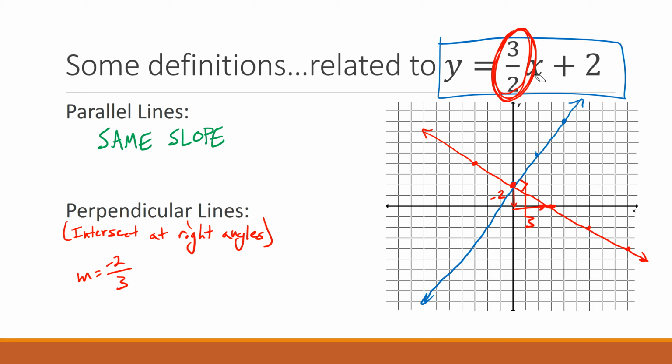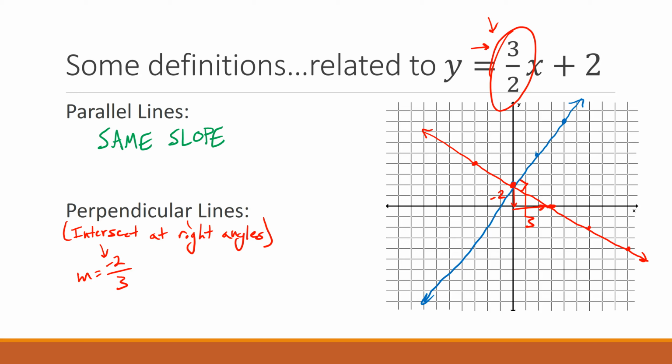How does the slope of negative 2 over 3 compare to the original slope of 3 over 2? Hopefully you notice that one is negative and one is positive, and hopefully you also notice that they are reciprocals of each other. This one is 2 over 3, this one is 3 over 2.